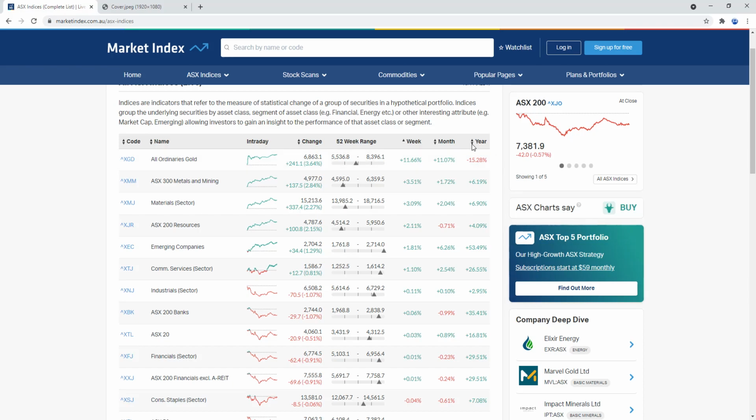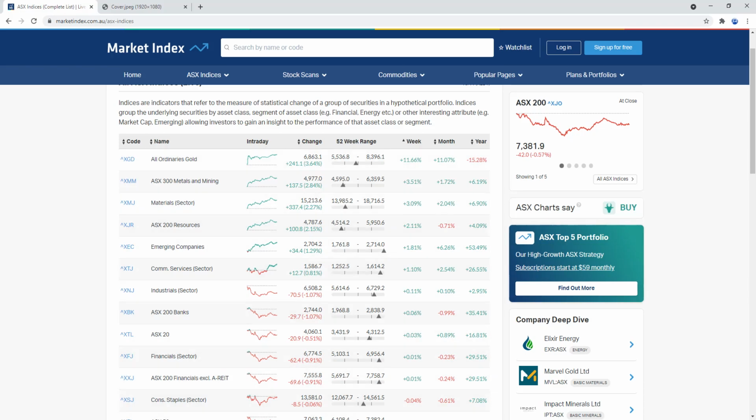Okay, let's do some practical analysis here. If the gold miner sector in Australia was the worst performer last year, but now it's the best performer, let's pick some shares in this sector and see which one we want to buy.